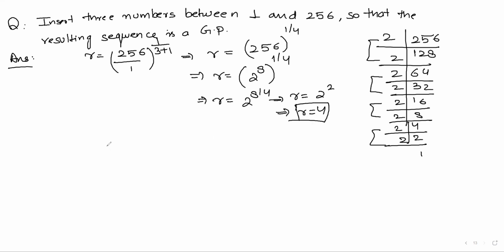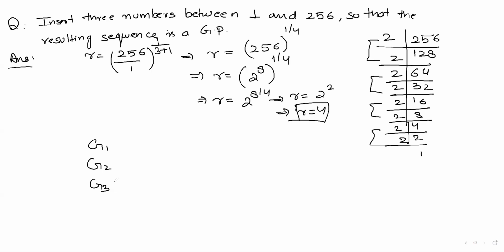So please find G1, G2 and G3. Sir, G1 is 4 and G2 is 16 and G3 is 64.